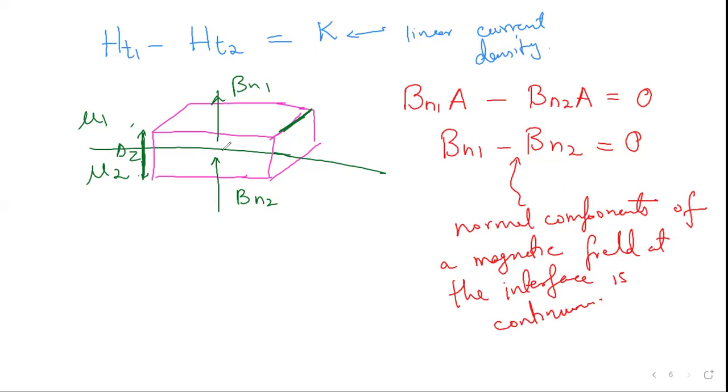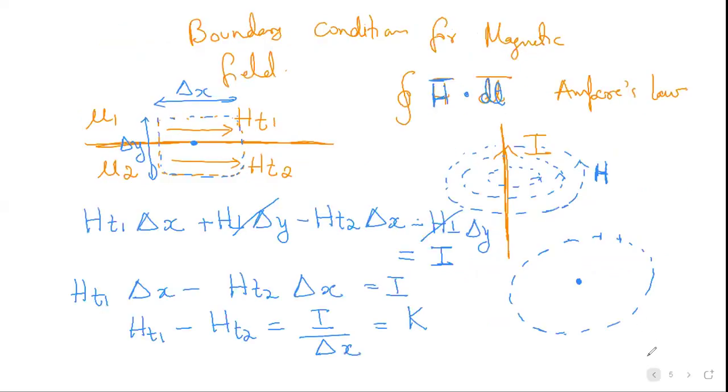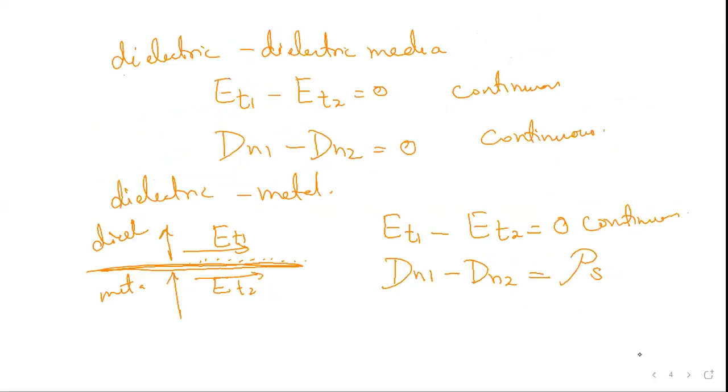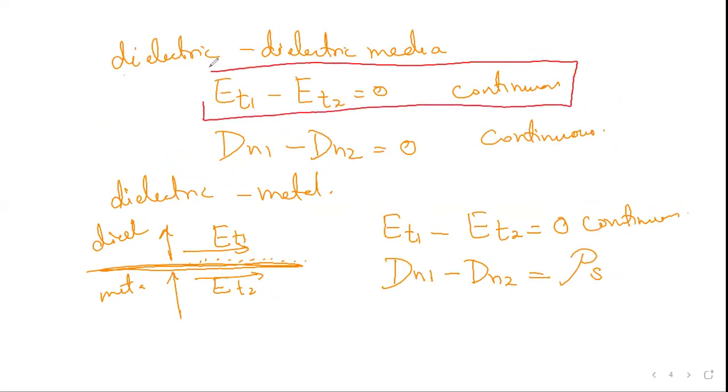They will never be able to retain themselves there, they will go out. So what have you seen? When it is electric field, the tangential components at a dielectric or dielectric-metal interface will always be continuous. The normal components need not be continuous.